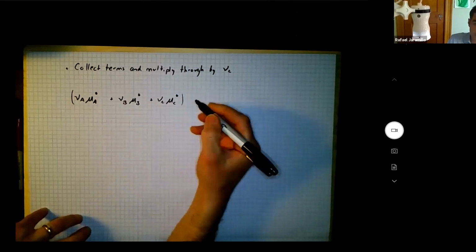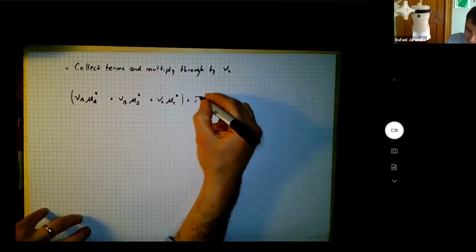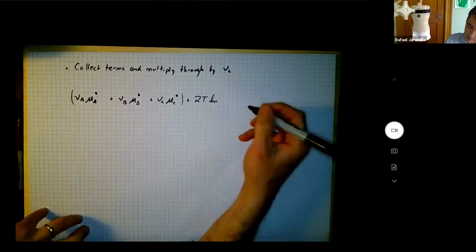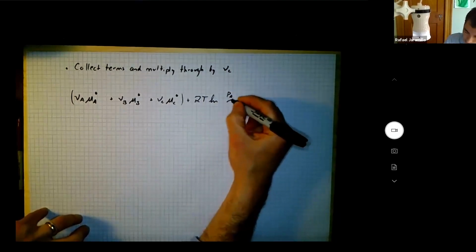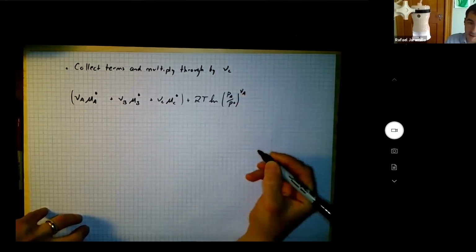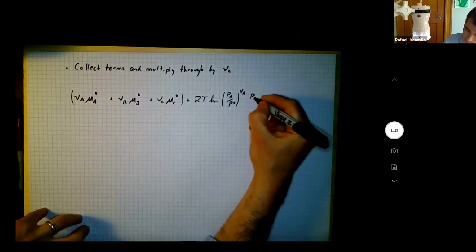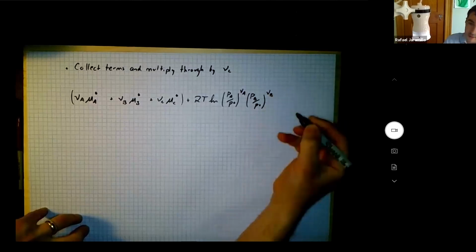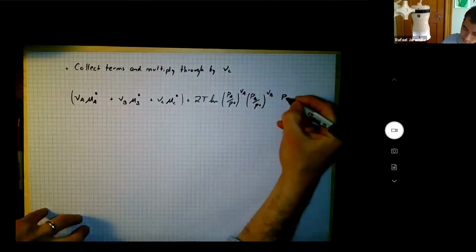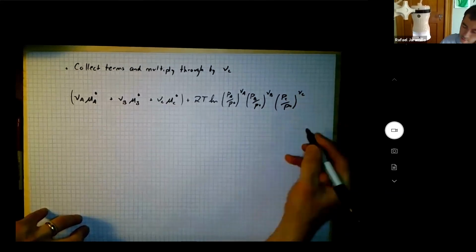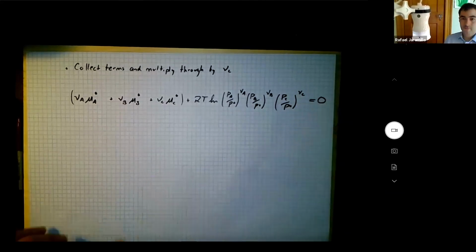I group these, plus RT natural log of (P of A over P naught) to the power nu A, (P of B over P naught) to the power nu B, (P of C over P naught) to the power nu C, equals 0. Just manipulating the thing which we wrote down previously.